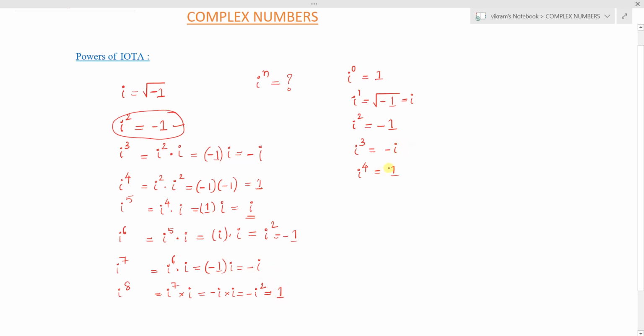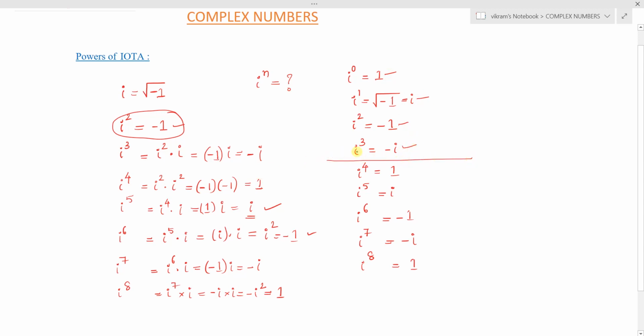Just coming over here, I am writing again: i power 5 equals i, i power 6 equals -1, i power 7 equals -i, and i power 8 equals, again, 1. Just look at the order we are getting: 1, i, -1, -i.